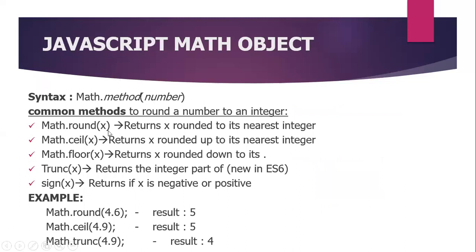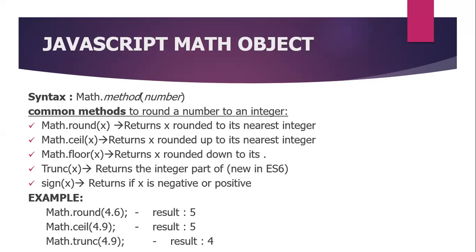Some of the JavaScript Math object methods. The syntax for using mathematical methods is Math.method with the number in brackets. Math.round(x) returns x rounded to the nearest integer. Math.ceil(x) returns the rounded value to the nearest highest integer.